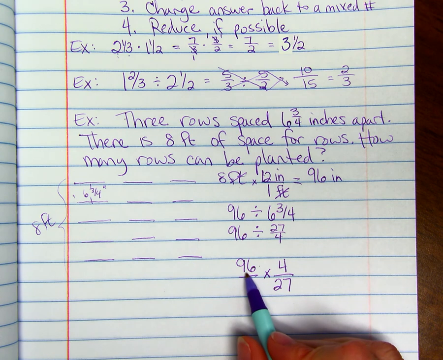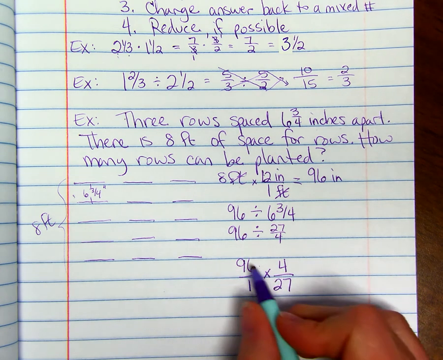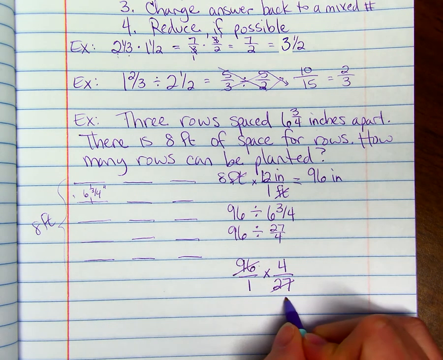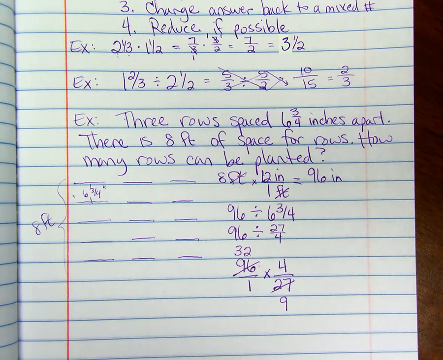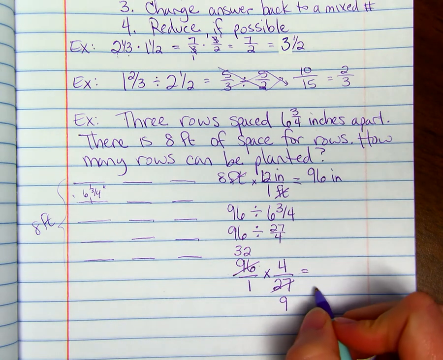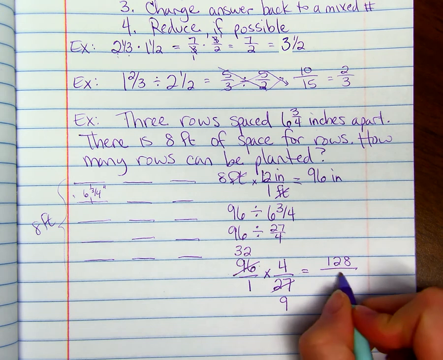No. 12? No. 3. So we'll just do 3 goes into both of these numbers. 3 goes into 27 9 times. 3 goes into 96 32 times. Can't reduce any more. So we'll do 32 times 4, which is 128, over 9.